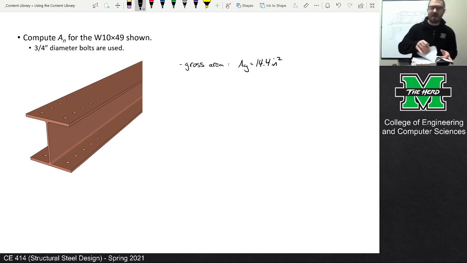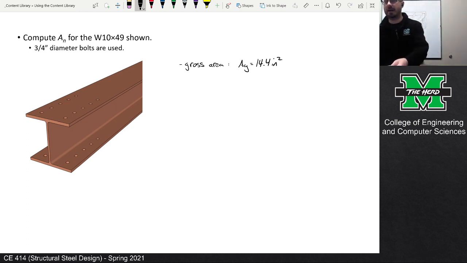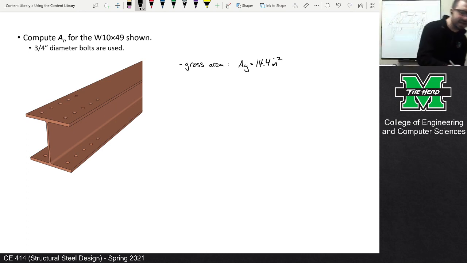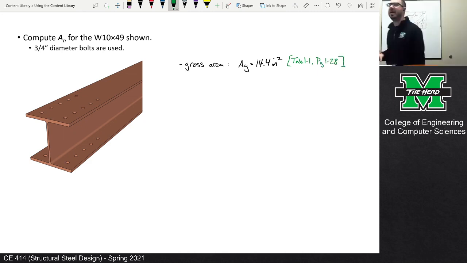Whenever you look values up in the manual, in the spec, whenever you reference things, it is usually good practice to reference where you're getting that value. And I'll try and be consistent with that throughout the semester, that if I pull a value or some reference from the spec, that I'll try and indicate where that's coming from.